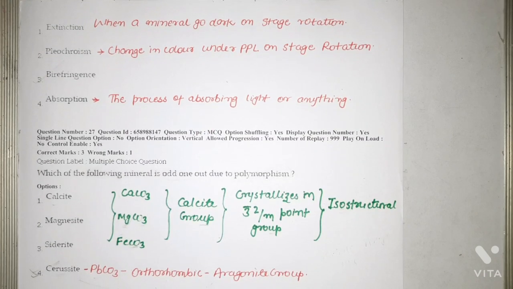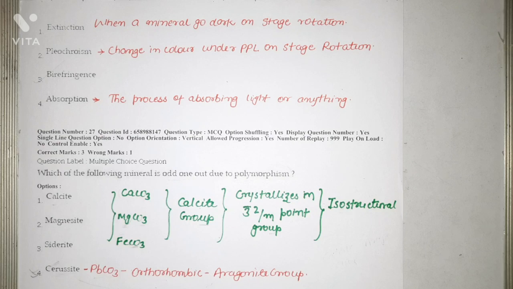First one is extinction. Extinction is the property in which a mineral goes dark on stage rotation. If it is an anisotropic mineral, it will go dark every 90 degrees on stage rotation, and if it is an isotropic mineral, then under crossed polars it will remain dark throughout 360 degree rotation. Pleochroism is a change in color under plane polarized light on stage rotation.